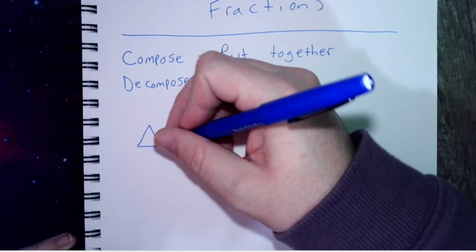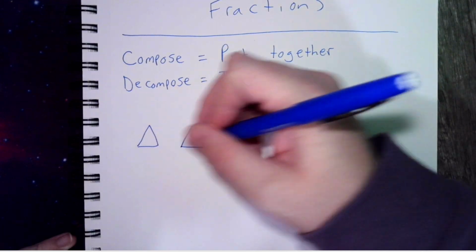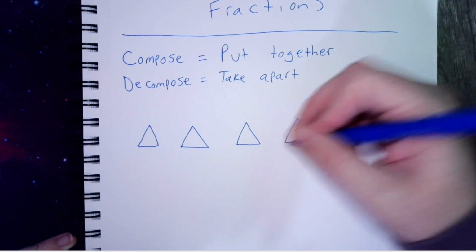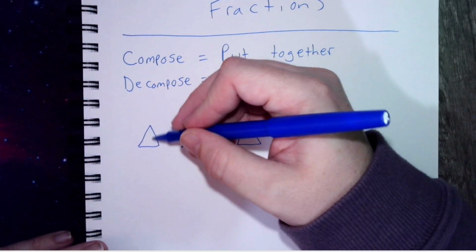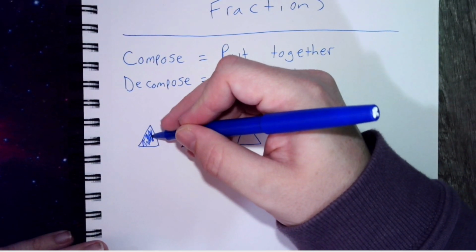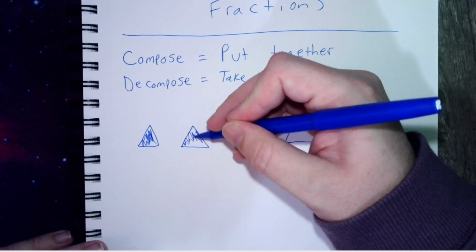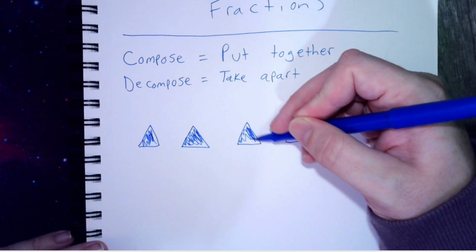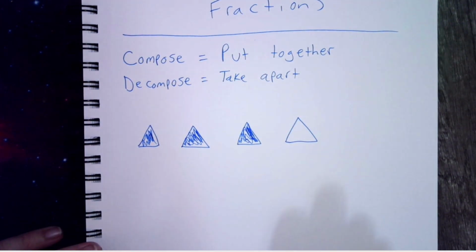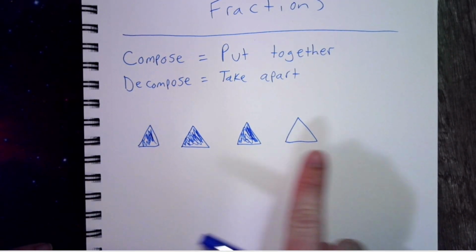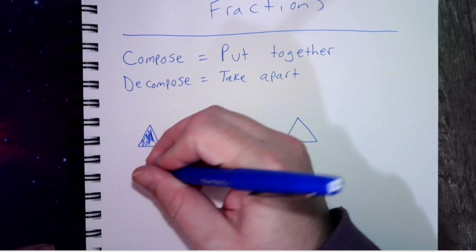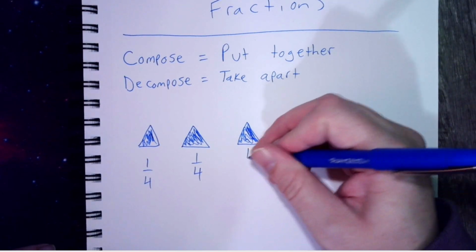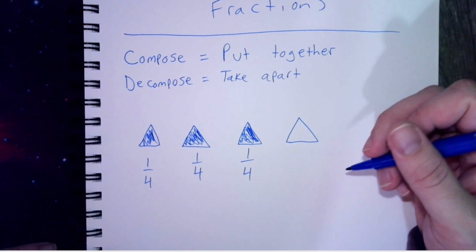So if I had one, two, three, four triangles, and let's say I shaded in one, two, three of those four triangles, we could say that we got one, two, three, four. So that would be 1/4 of the triangles. That would be another 1/4 of the triangles. That would be another 1/4.